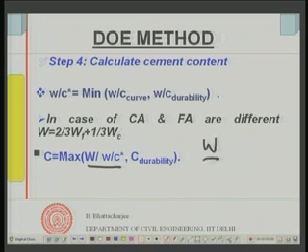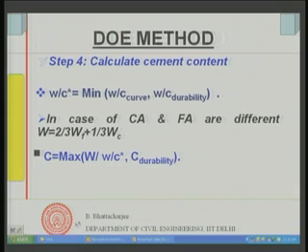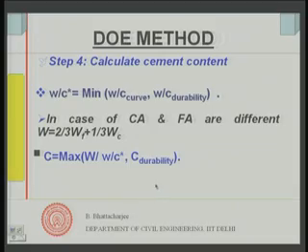W divided by W by C would give me the cement content. So, this star is known to me, and I find out the cement content in this manner. Compare this C with C durability, whichever gives me the higher value I choose as the cement content. So, by doing this we have found out the cement content and the water content.